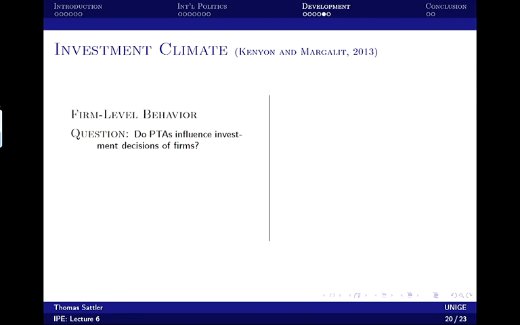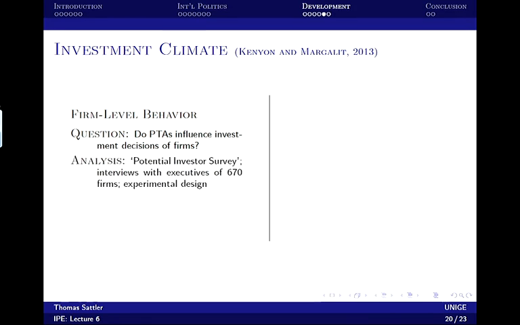So that's Kenyon and Margalit. They directly look at the perception of firm leaders, firm executives, of countries that sign agreements or not. So does it help if you sign an agreement? Are you being evaluated more favorably by firms? That's what they ask. So do preferential trade agreements really influence investment decisions of firms?